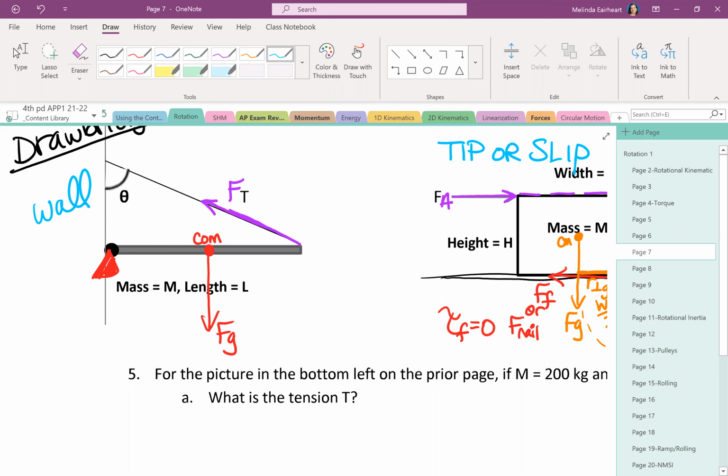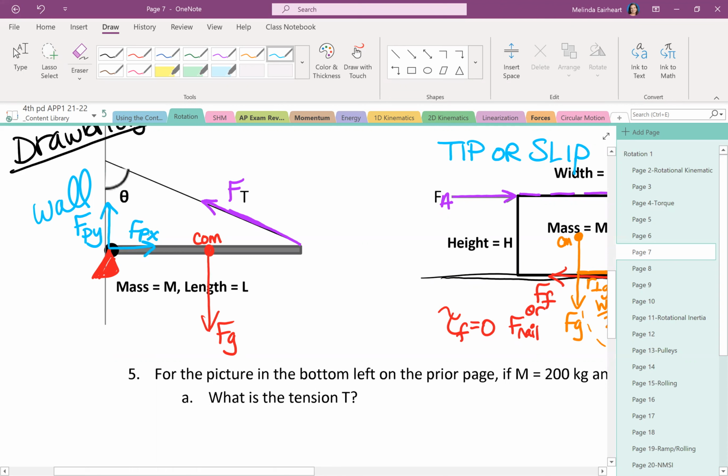The safest assumption is to say, well, I think the hinge is going to help. And so maybe we've got this force of the pivot in the y direction. Well, the string is pulling this bridge leftward. We don't want it crashing into our castle, so the hinge is going to provide a rightward force. And so we've got a pivot force in the x direction.